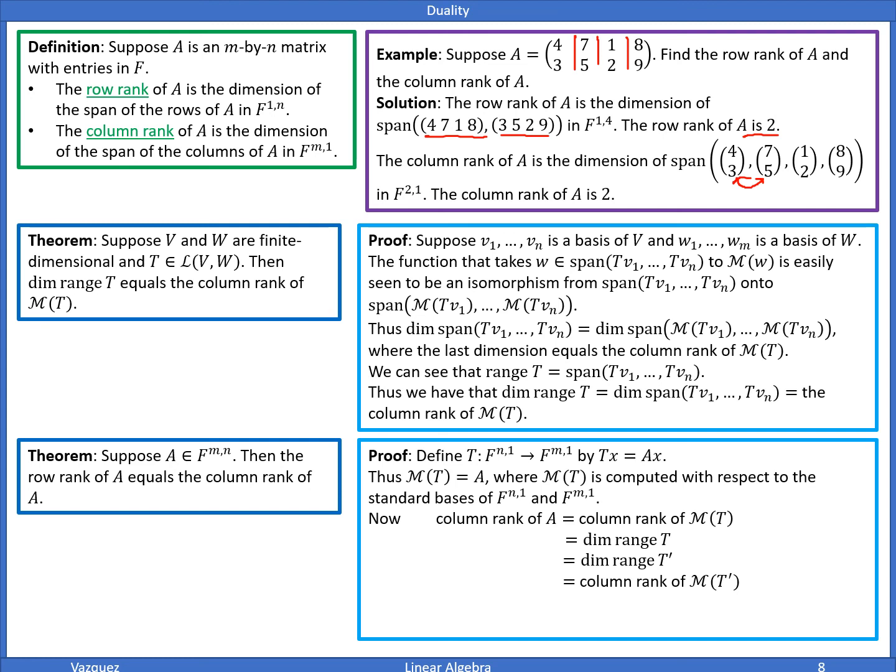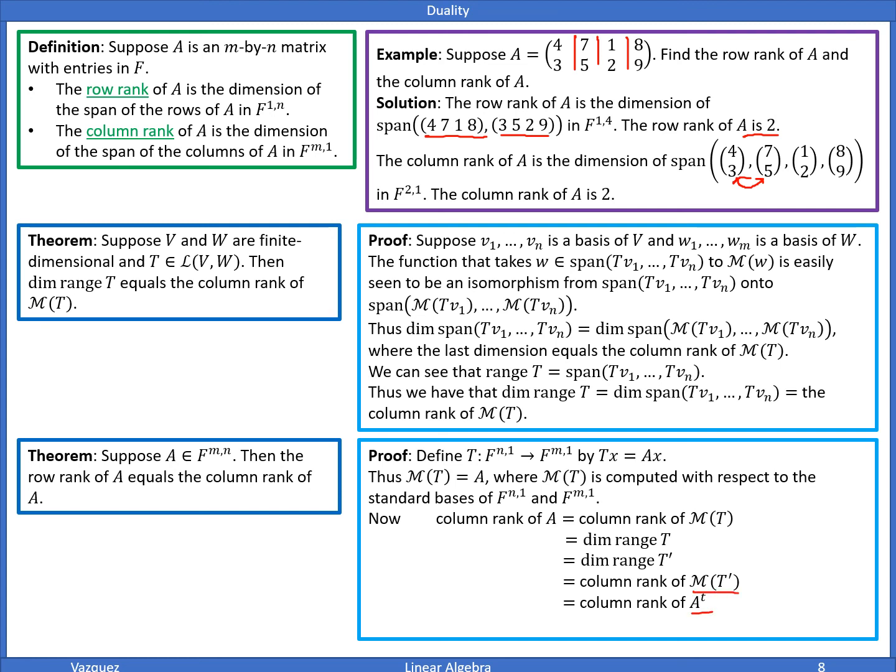Now, where do we get that from? Well, again, that's just from the theorem above. And this is equal to the column rank of A transpose, which again we got from the theorem on the last slide. Right?